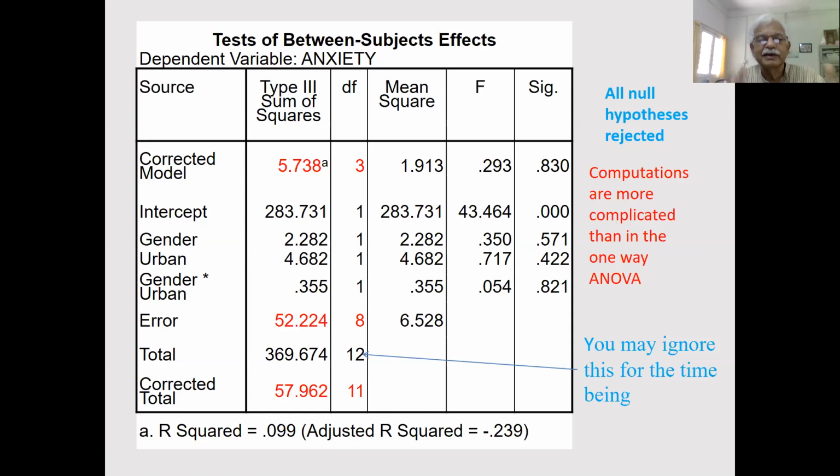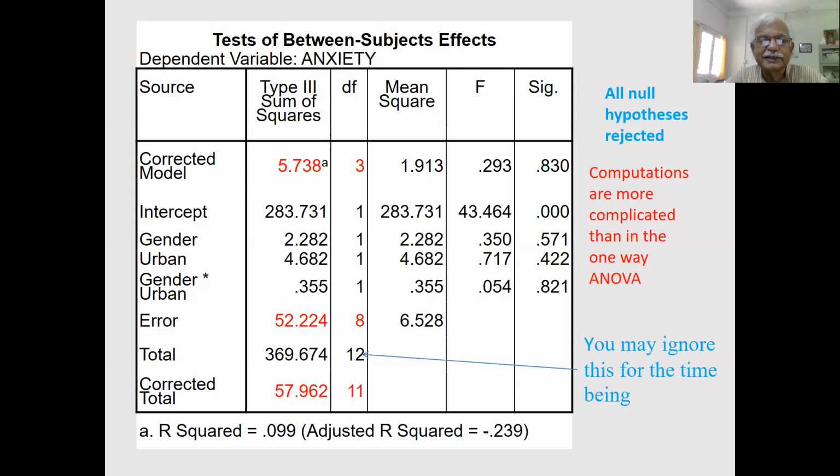There are two categories, urban and rural, and therefore mean square is also 4.682. Gender into urban, sum of square is 0.355, degrees of freedom is 1 multiplied by 1, 1 for gender, 1 for urban, and you get 1, and this 0.355 divided by 1 is 0.355. So these are the values of mean squares which we will consider.